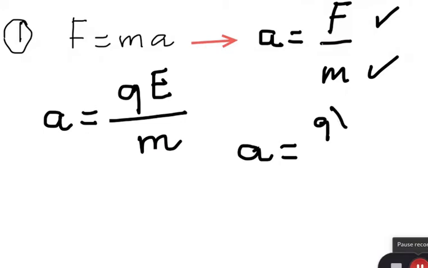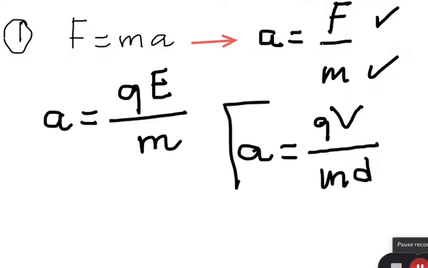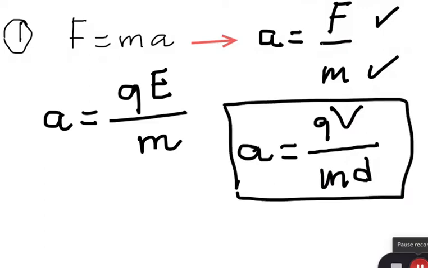Q is again the charge, V is the potential difference between the plates, and d is the distance between the plates. This is the equation you're going to use in this case.